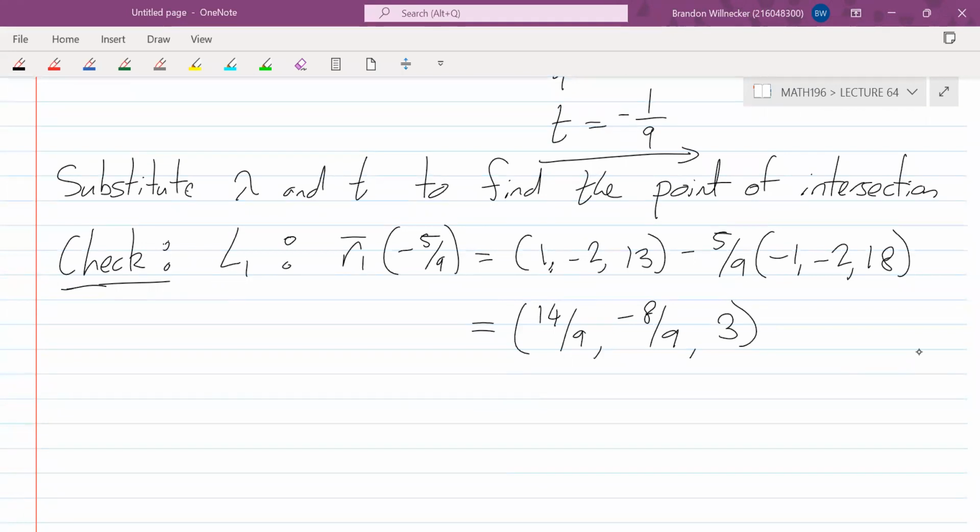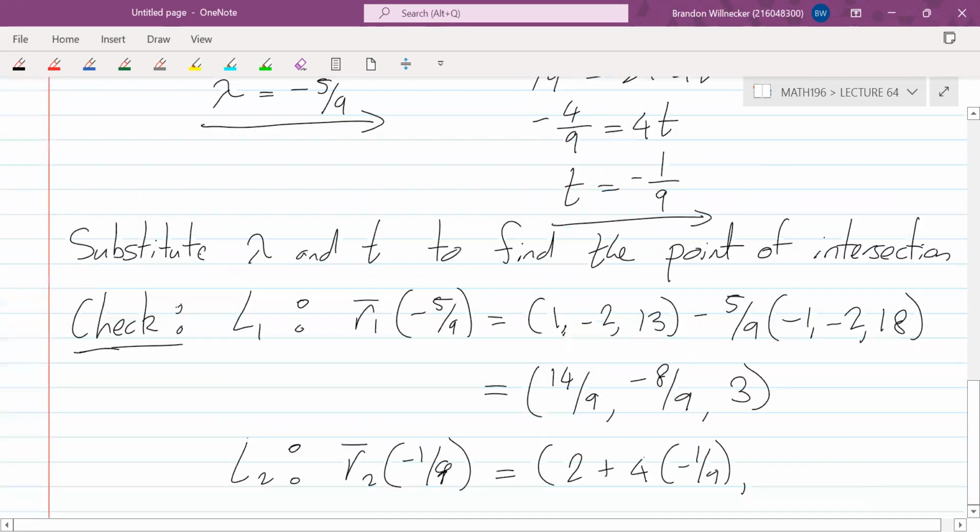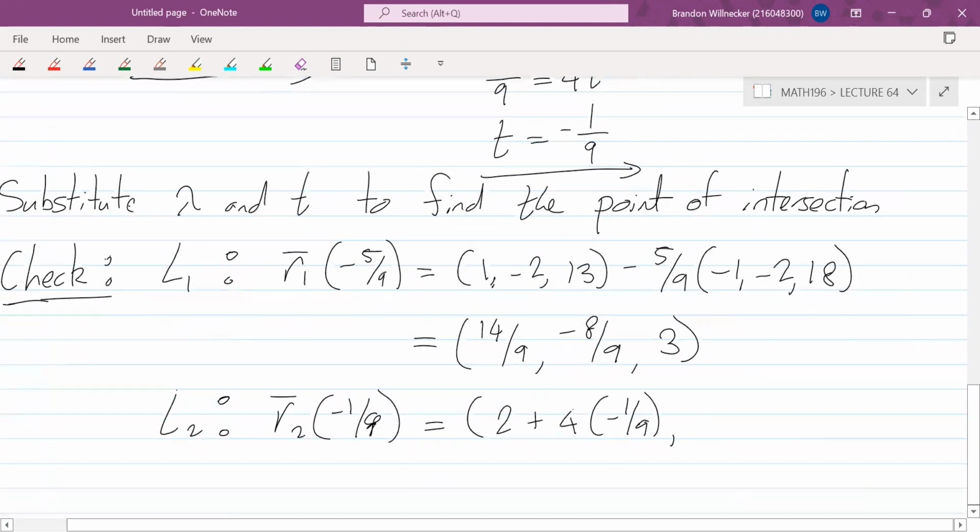What about line 2? So for line 2, we're working with R2, and we can substitute our t value there, -1/9. Let's see what we get. So that's going to be 2 plus 4 times -1/9, that's a 9 there, then -1 minus -1/9.